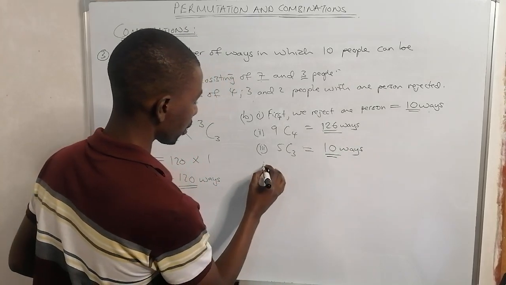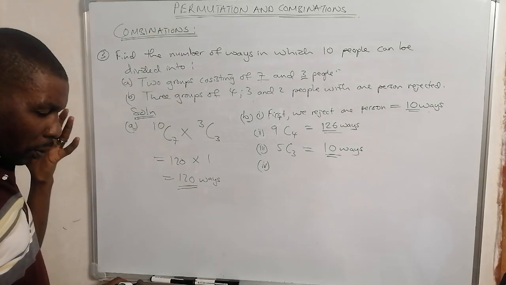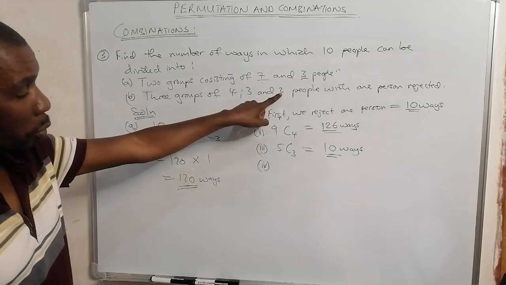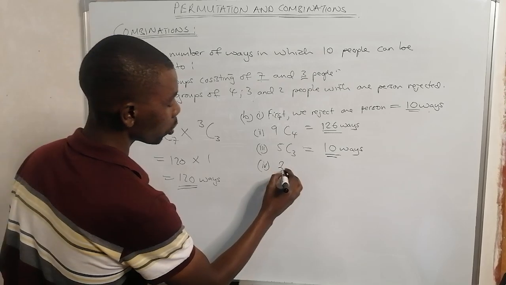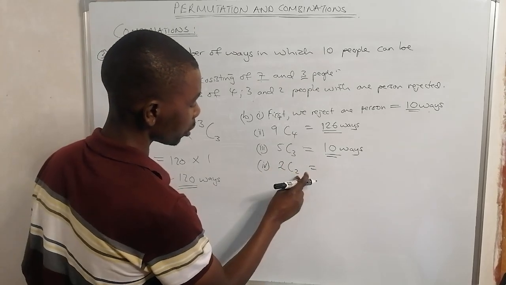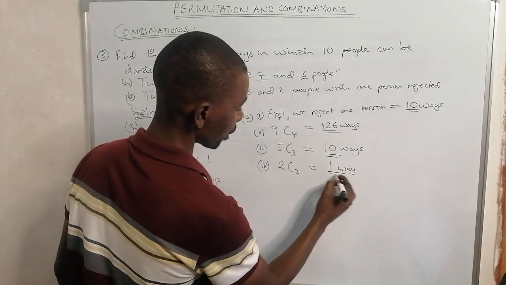Then number 4. Now we want a group of 2 from our remaining 2, which is 2 choose 2. Remember, we have the same numbers, so it will be 1 way, right?